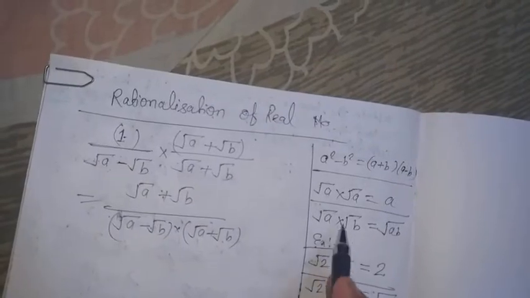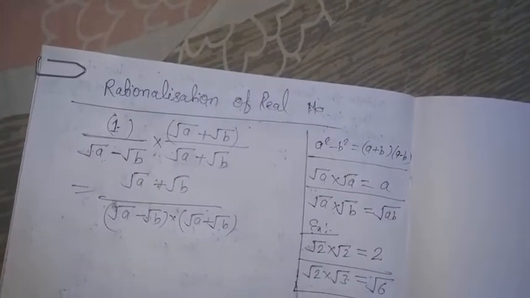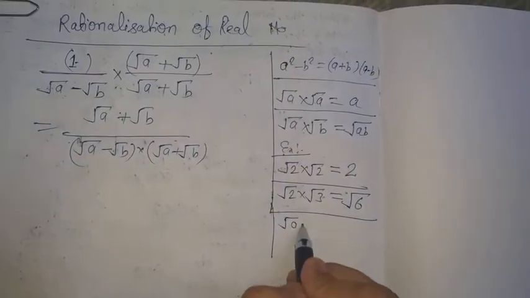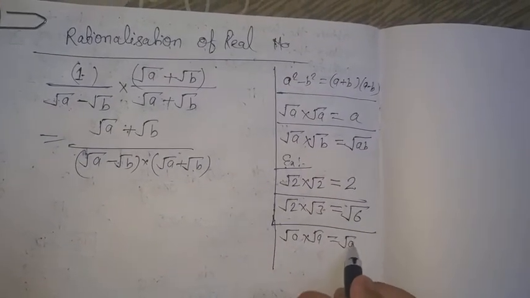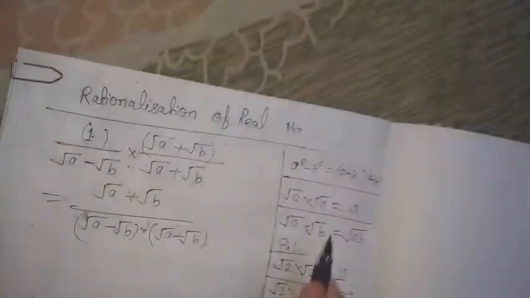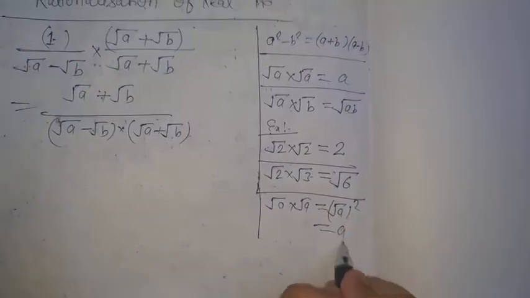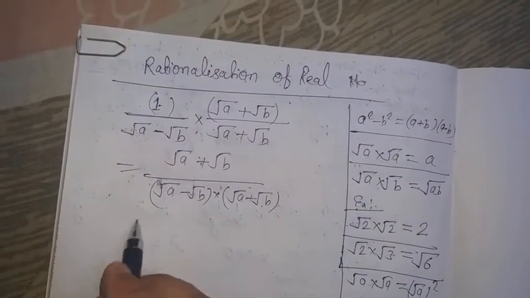Here we know that root a into root a can be written as root a square, which equals a.